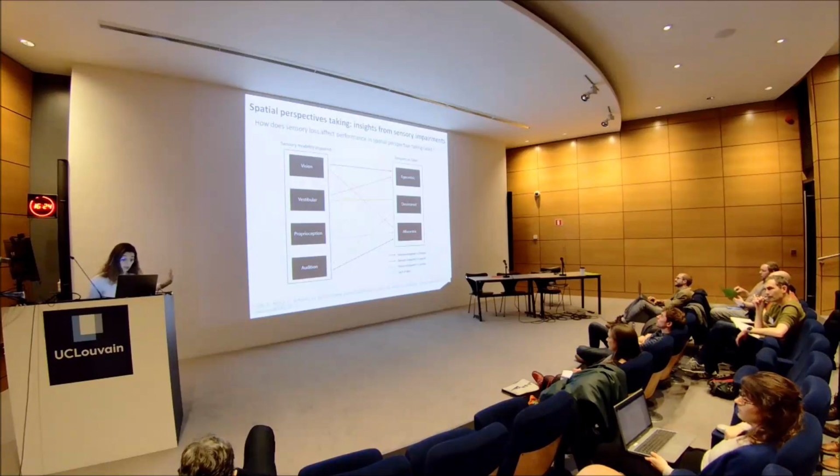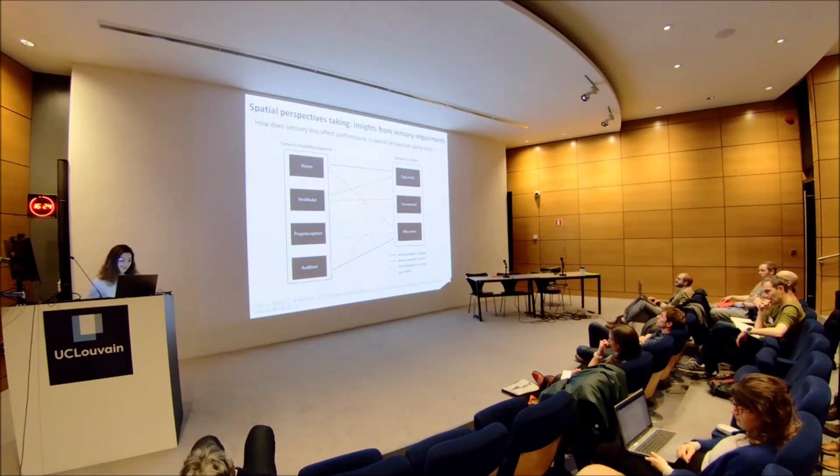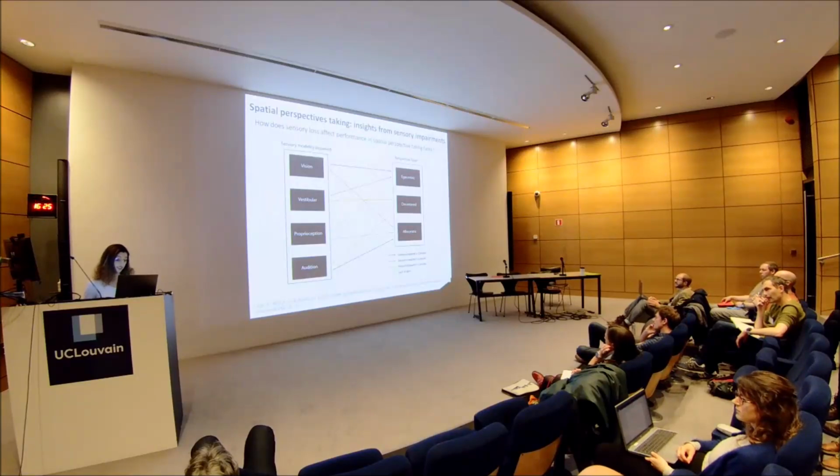For proprioception, we just have the study we conducted and we need more participants. And finally, people with deficits in audition are better than controls for the allocentric task and equal when they are requested to adopt a decentered perspective. So here we can see different patterns as a function of sensory impairments.